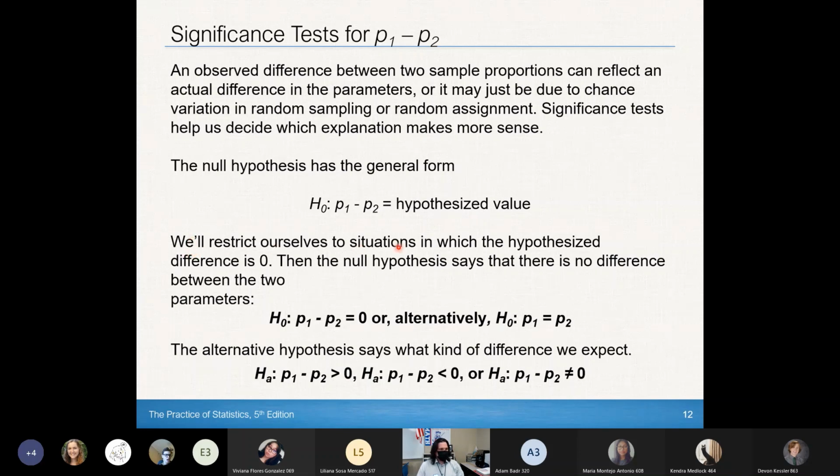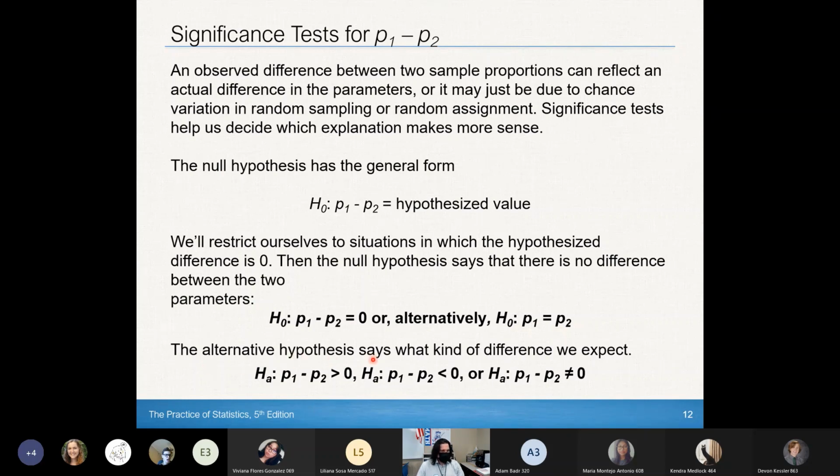We'll restrict ourselves to situations in which the hypothesized difference is 0, meaning there's no difference. Right? Then the null hypothesis says that there is no difference between the two parameters. And we can write this as H naught such that P1 minus P2 equals 0, or H naught such that P1 equals P2. They're essentially the same.